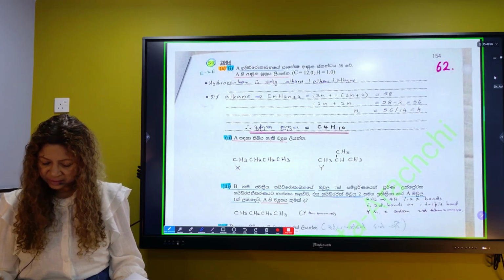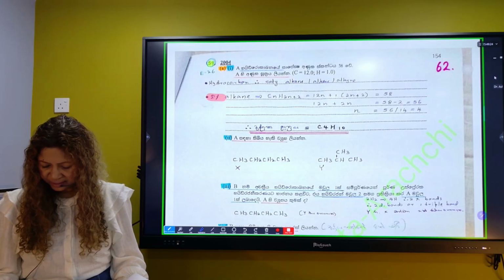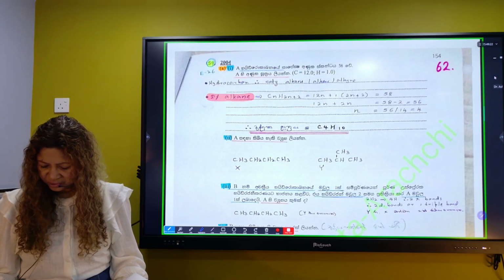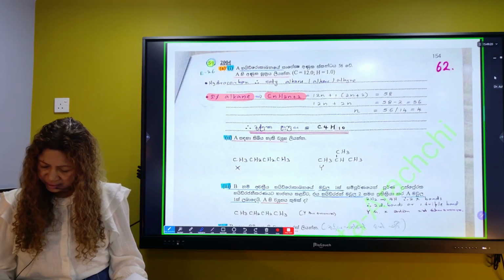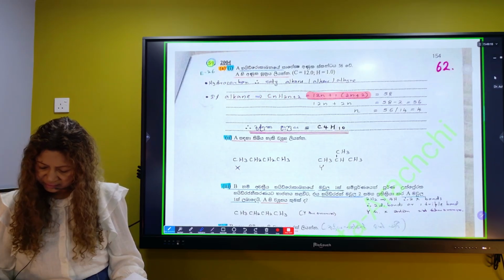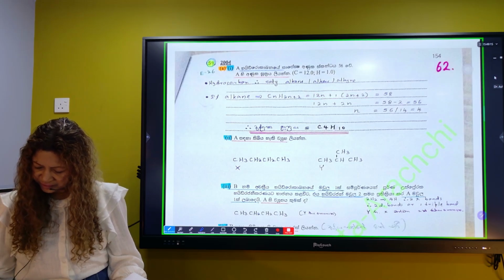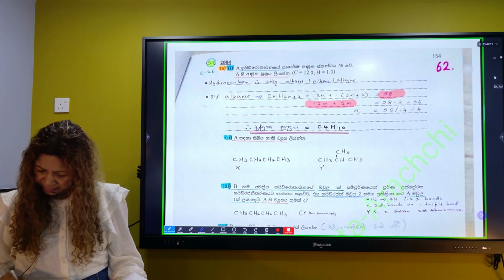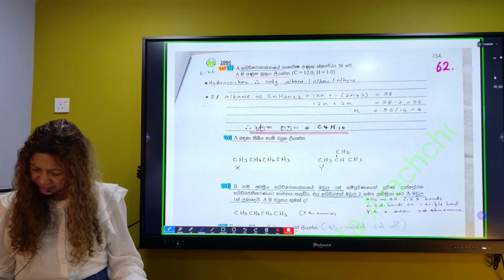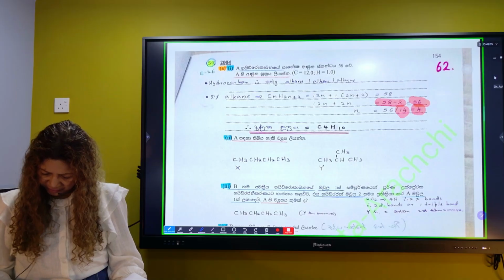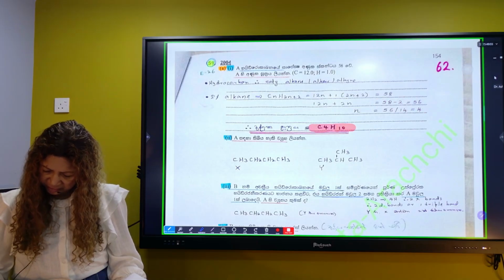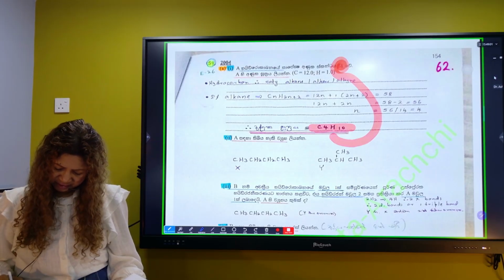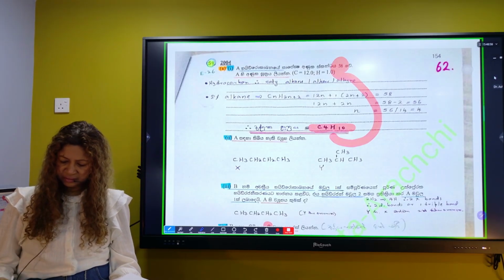So I'm going to start from the fully saturated alkane, CnH2n+2. Then 12n plus 2n plus 2 is 58. 14n plus 2, so 58 minus 2 is 56, divided by 14 is 4. 4 carbon, 10 hydrogen, so the molecular formula has mass 58.